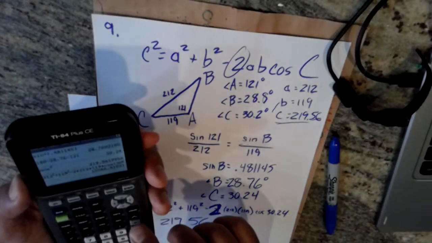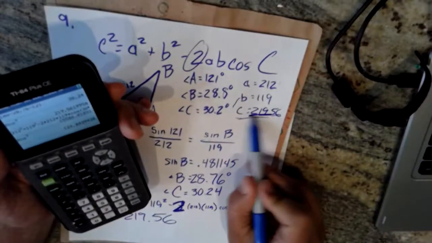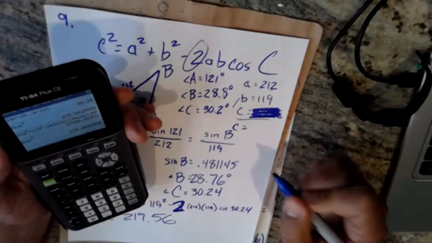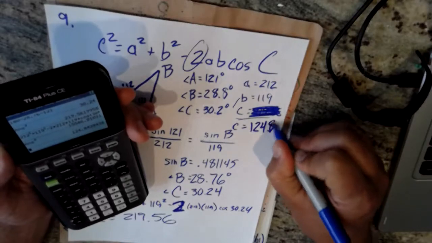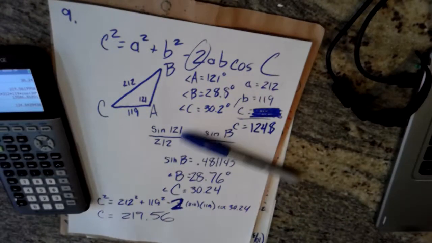There we go. Now let's take that and square root it. Now I get an answer that makes sense. C is 124.8. One of the million mistakes I've made today. Boom!